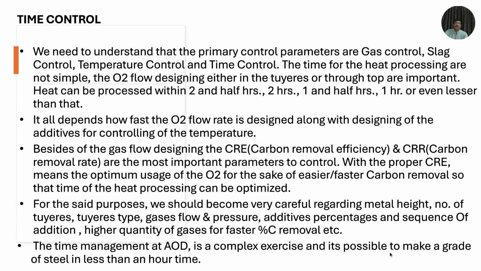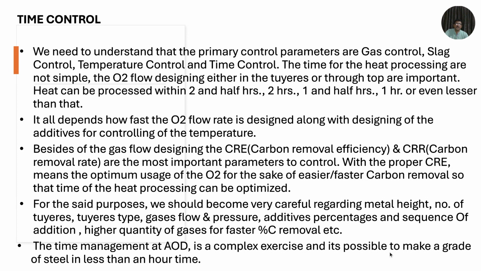Besides the gas flow design, CRE, carbon removal efficiency, and CRR, carbon removal rate, are the most important parameters to control. A proper CRE means optimum usage of oxygen for easier or faster carbon removal so that the heat processing time can be optimized.